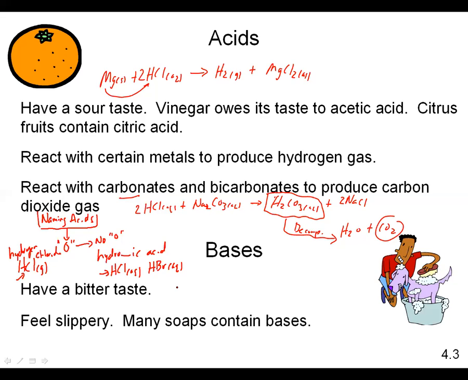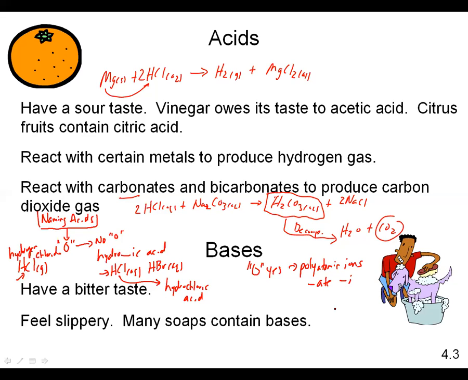So you typically want to put the aqueous symbol next to the formula when you write an acid. If the acid does have oxygen, it will contain one of those polyatomic ions, which, as you perhaps remember, end in either ate or ite.